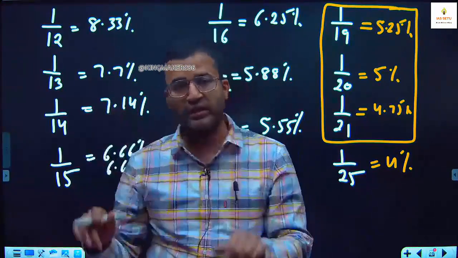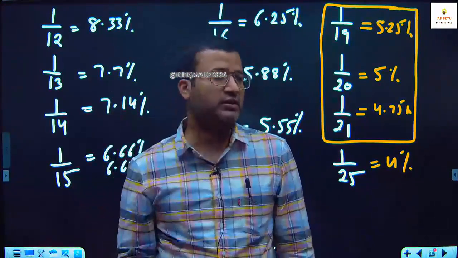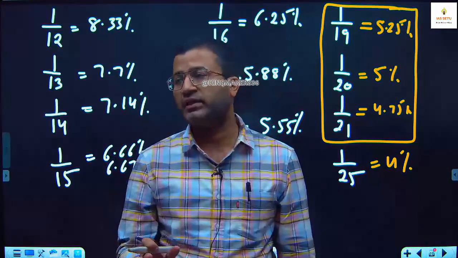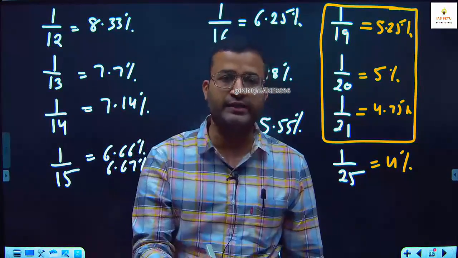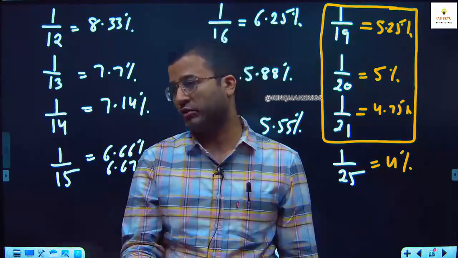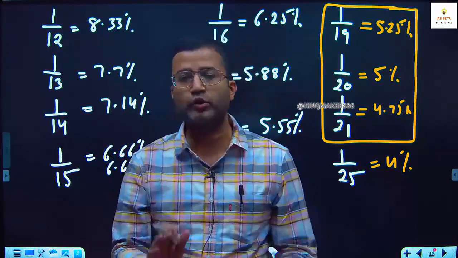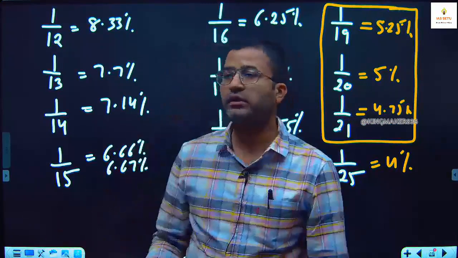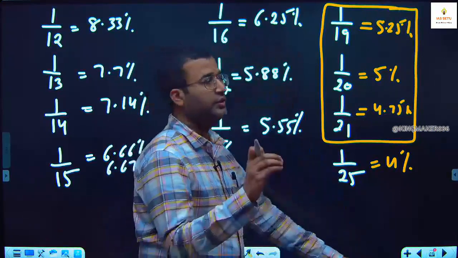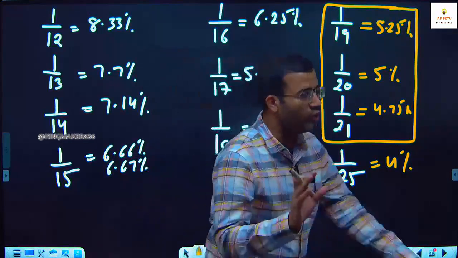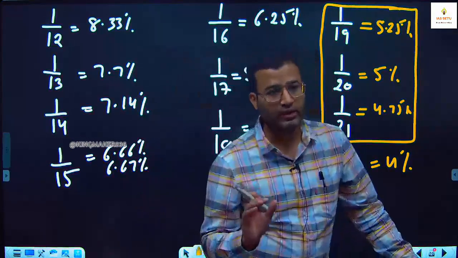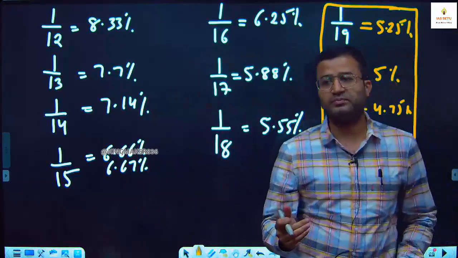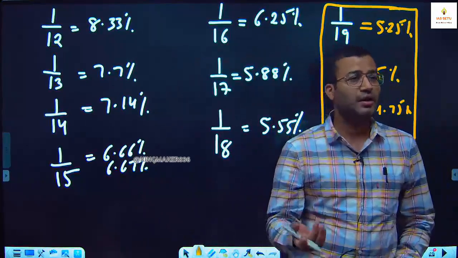Take a plain A4 size page and write this table on A4. Why am I telling you this? Because when you write, you will be involved and you will be able to remember. Then you have to paste the table near your study table, near your bed, or where you spend more time.